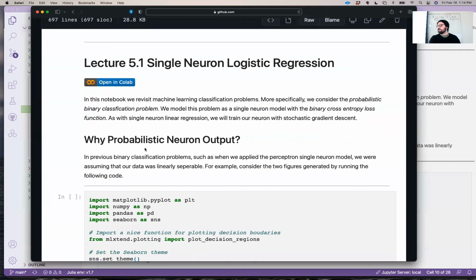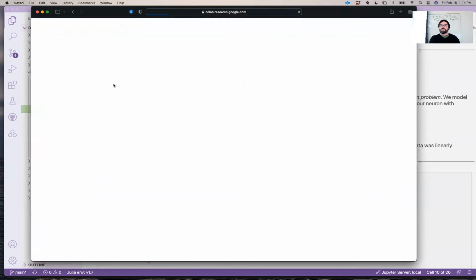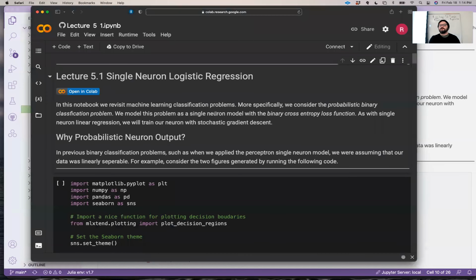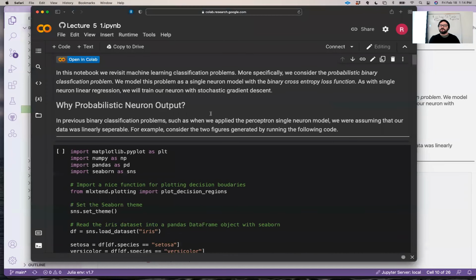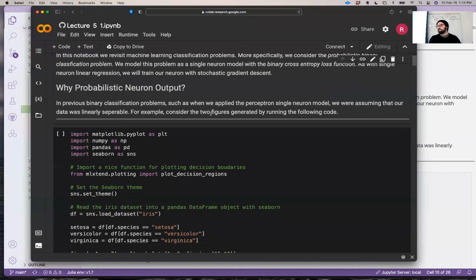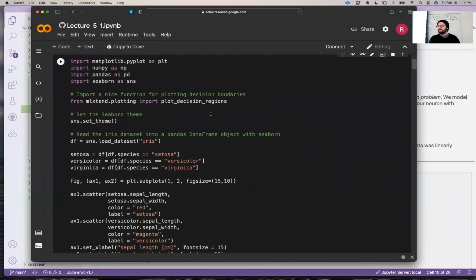You see my notebook here on my GitHub repository, but now there's a link right here. It says open in Colab. If you click that link, it'll take you to Google Colab, and you can run the code virtually. This is a free service.